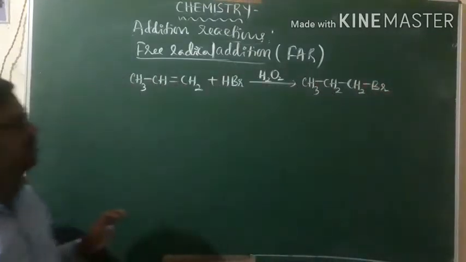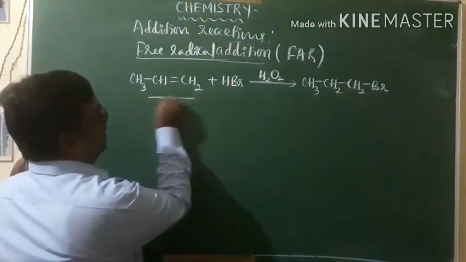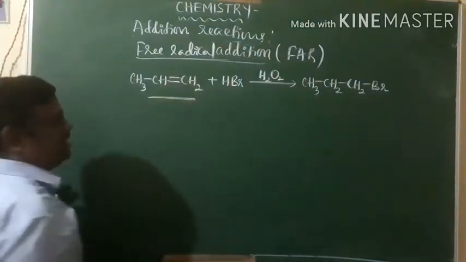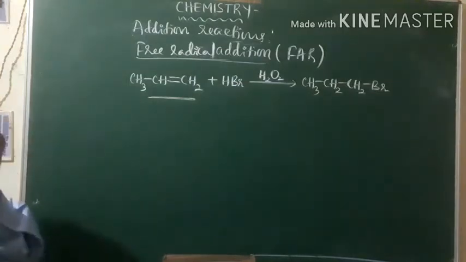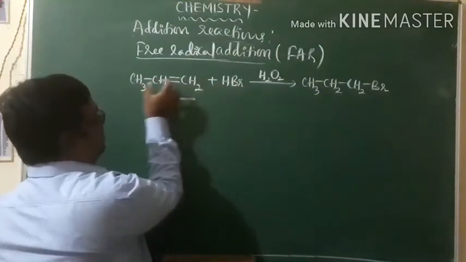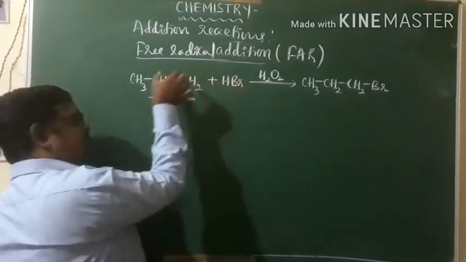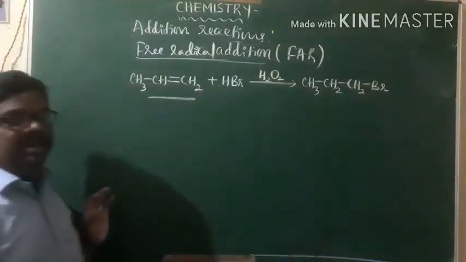Now this is an example for free radical addition reaction. Here you must look at the double bond. As soon as you say addition reactions, look where the double bonds or triple bonds are, the reaction happens there. Now when HBr is added to this molecule, it will be added across the double bond. The double bond is converted to single bond. That is one important observation.